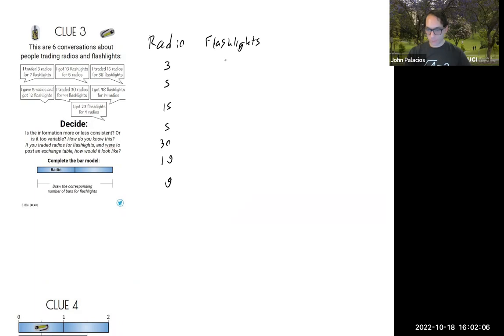So 3 radios were traded for 7 flashlights. 5 radios were traded for 13 flashlights. 15 radios were traded for 38 flashlights. 5 radios were traded for 12 flashlights at a different time or by a different pair of traders. And 30 radios were traded for 99 flashlights. And 19 radios were traded for 48 flashlights, and 9 radios were traded for 23 flashlights.